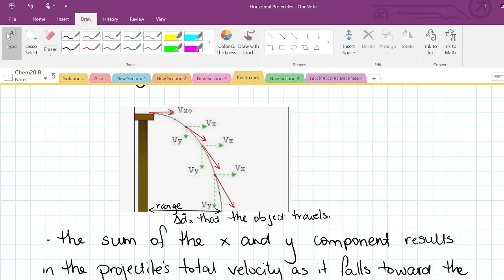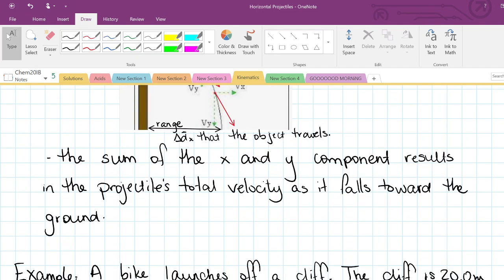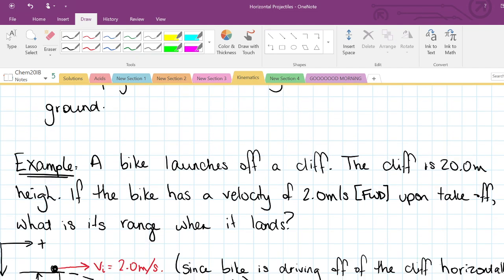We could just look at that one formula, solve for it, and be done with our problem. Here, what we need to do is consider the fact that there is motion in the x and the y direction. So the problem has just a slightly bit more complexity than it did when we talked about free fall specifically. And so what I've got here is a couple of examples for you guys.